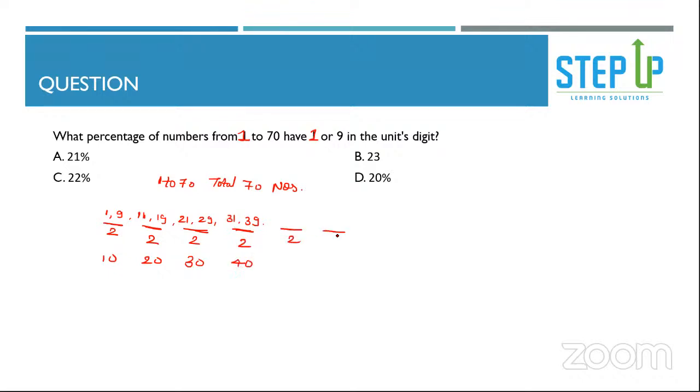So if we look at 70, there will be 7 sets of 10. In each set of 10, there are 2 numbers ending with 1 or 9. So 2, 2, 2, 2, 2, 2, 2 will give you 14 numbers out of 70 numbers. 14 by 70 into 100, your answer is 20%.